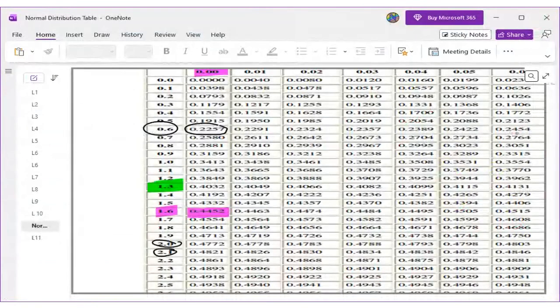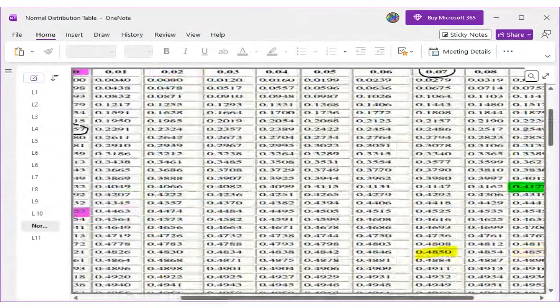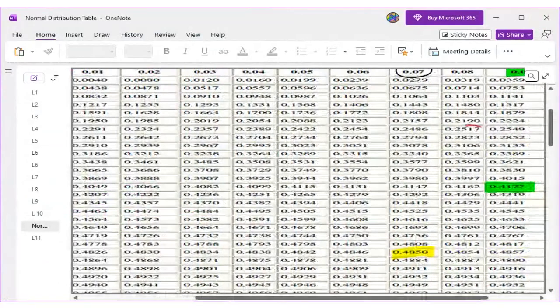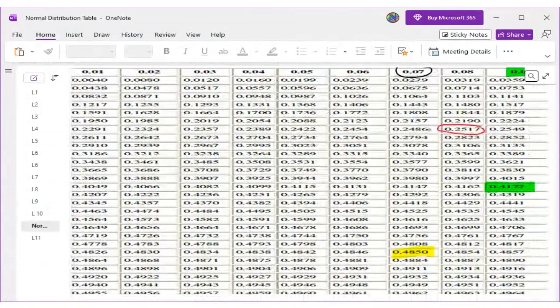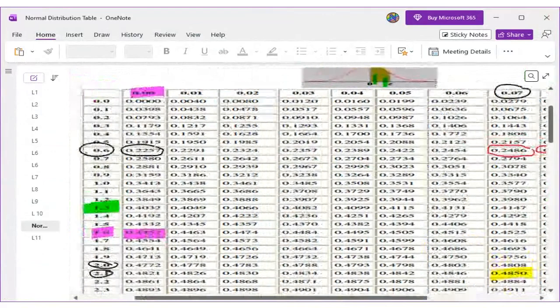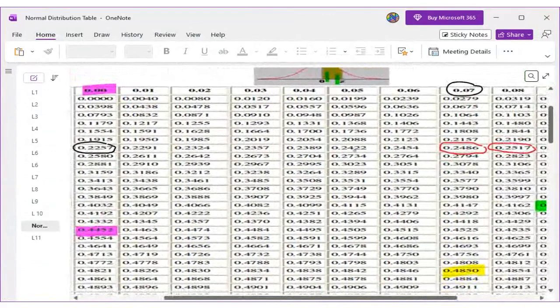We have two values: one is 0.2517, and the second is 0.2486. Which one is nearer? 0.2486 is nearer, and this is coming out at 0.67.